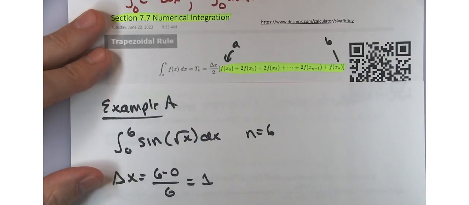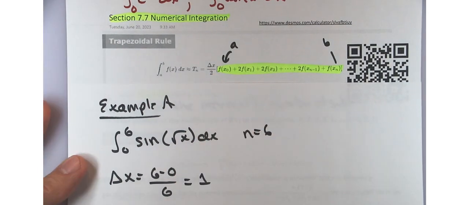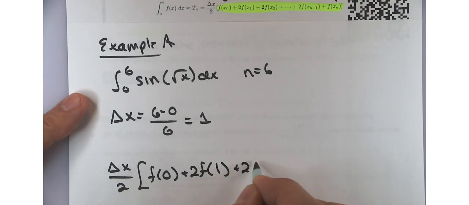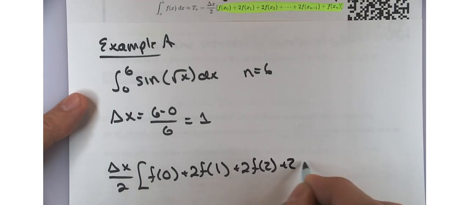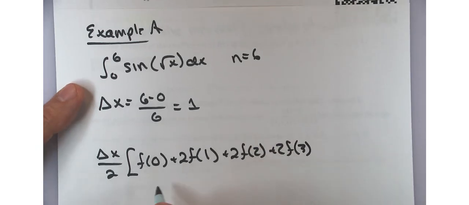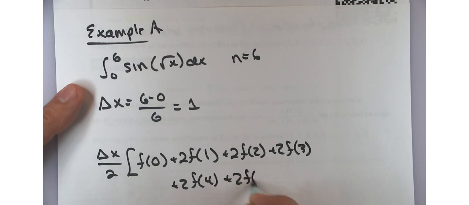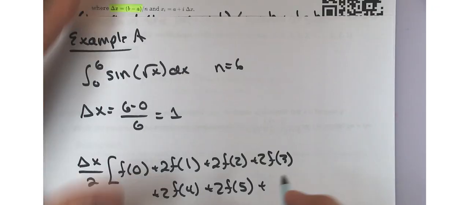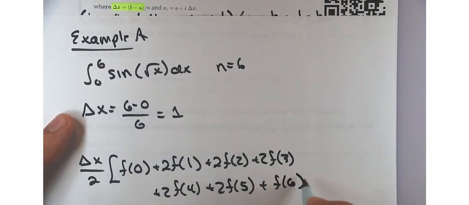If I plug that into my little formula here, it'll be delta x over 2 times f of 0 plus 2 times f of 1 plus 2 times f of 2 plus 2 times f of 3, and I'm sorry to do this to you, 2 times f of 4, 2 times f of 5. But when it gets to the endpoint of that last subinterval, it's just going to be f of 6.